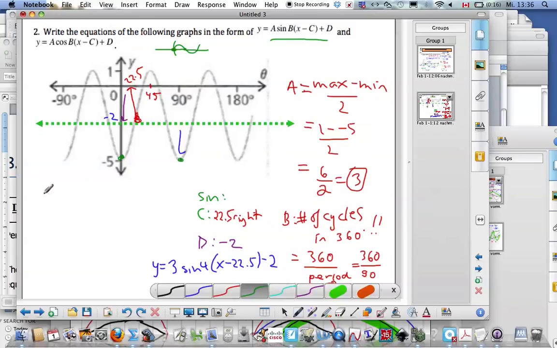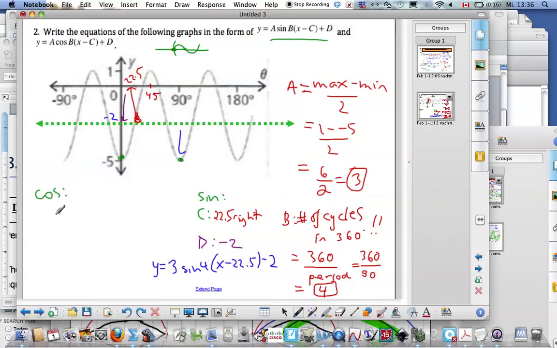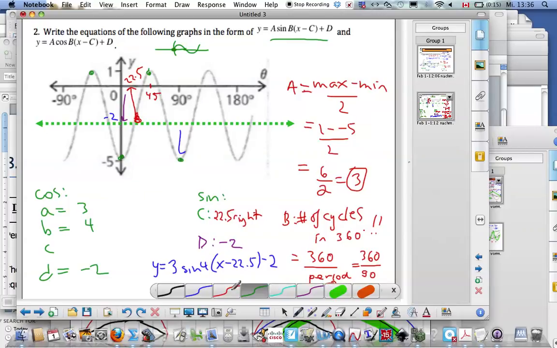Now here's the tricky part. Now I'm going to do the same thing with the cosine. The amplitude is still the same, the B is still 4, and the D, the up and down, is the same, so that's still -2. If you're doing your cosine, you could be here, or you could be here, but look at how nice this is. This has just been flipped, so let's cheat a little bit.